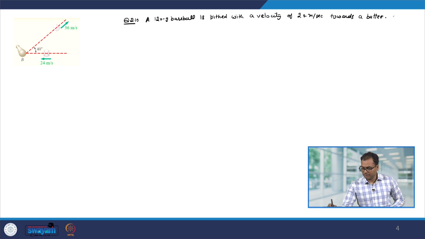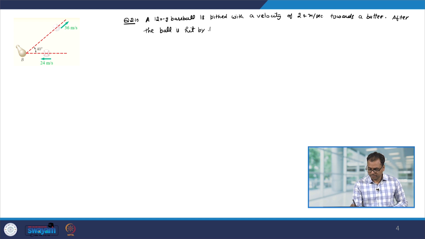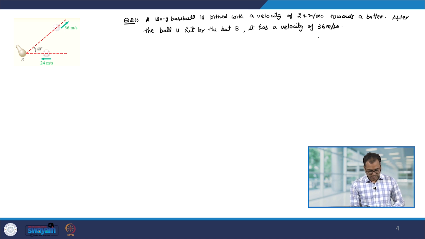After the ball is hit by the bat B, it has a velocity of 36 meter per second in the direction shown.